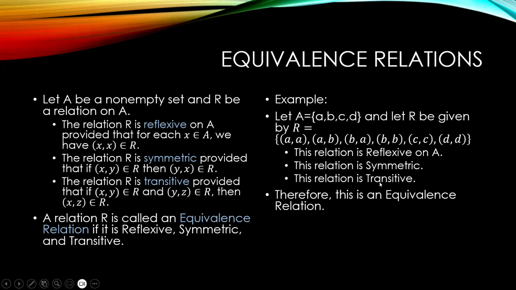The last one is transitivity. If we look at it, we have (a,a) and (a,b). So if a goes to a, then a goes to b, that would mean a is going to b. That's included in the set, (a,b). If we have b going to a, and then a going to b, that gives us (b,b).